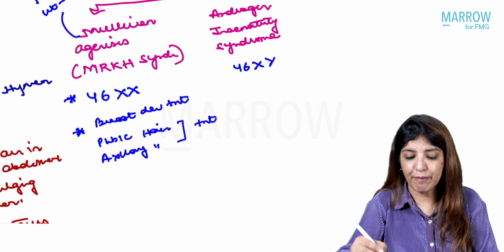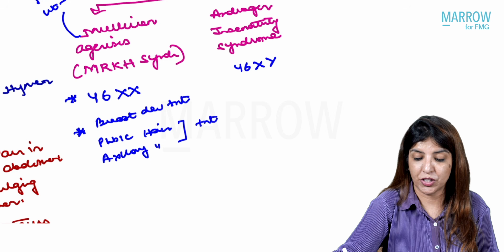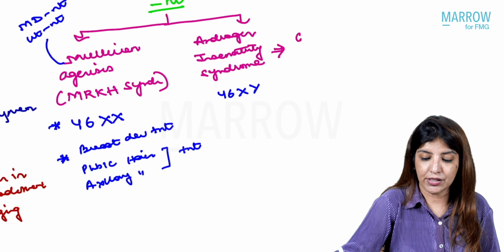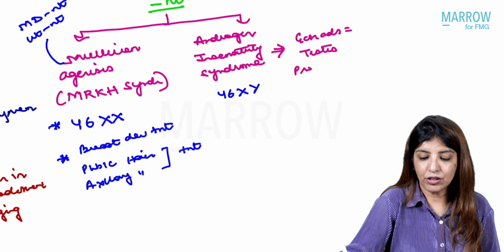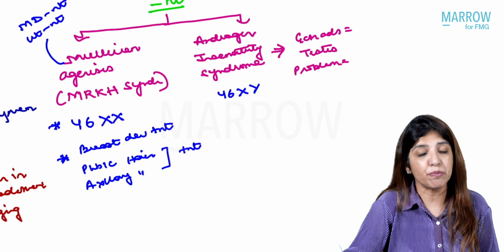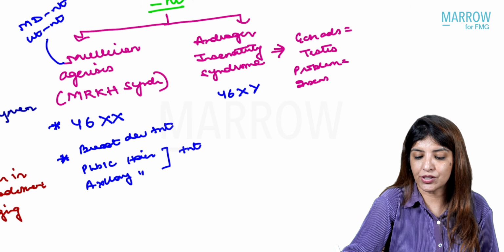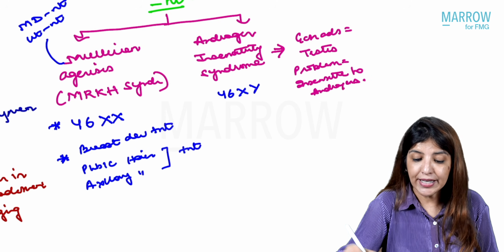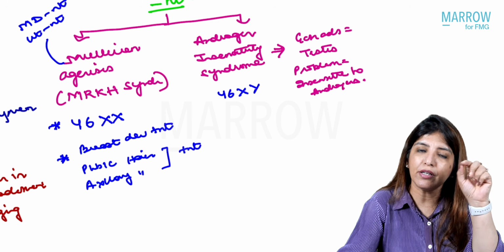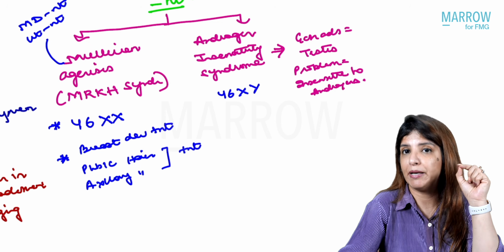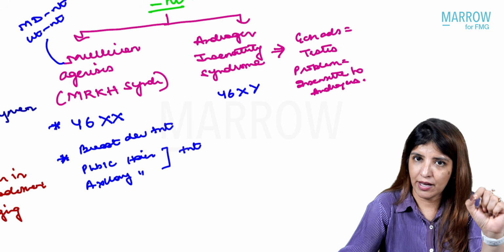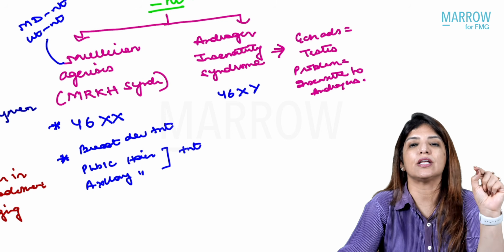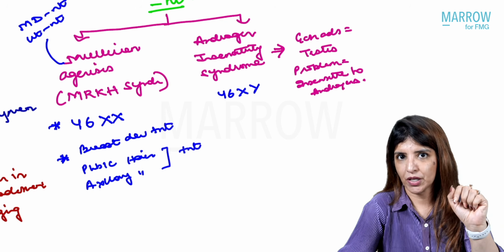But what happens in androgen insensitivity syndrome? In androgen insensitivity syndrome, gonads are testes, and the problem is that these males are insensitive to androgens. And please remember, whether it's a female or a male, for development of pubic hair and axillary hair, the hormone which is needed is androgens, right?